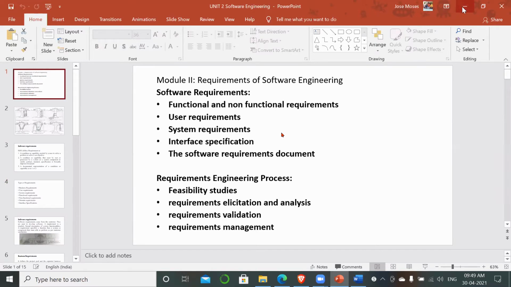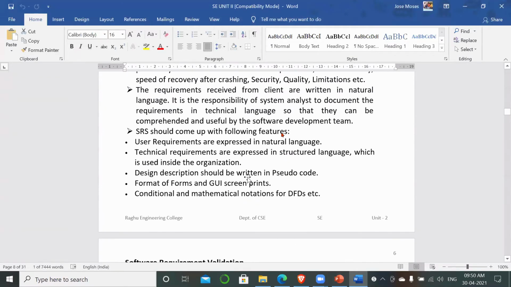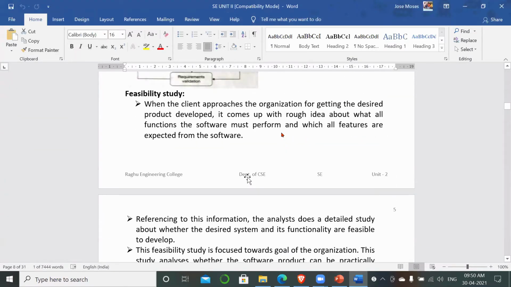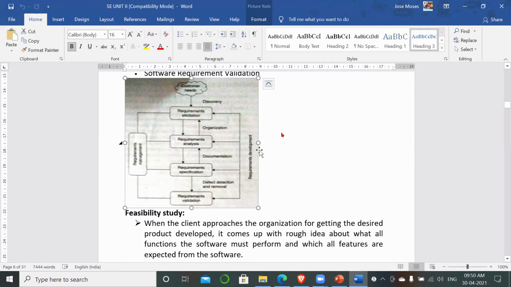Now we will go ahead with part B, which is about the requirements engineering process. I'll show you a diagram for it. So, requirements engineering process. I think everybody can see this figure.